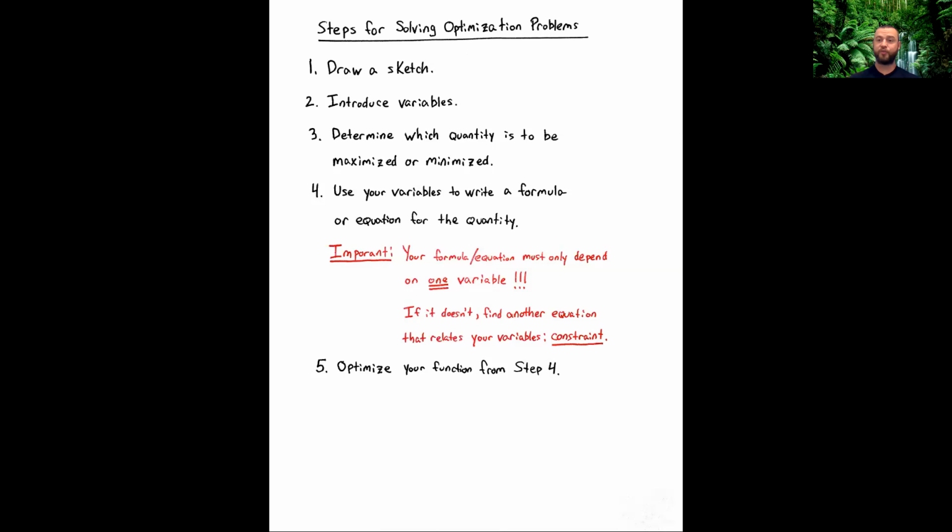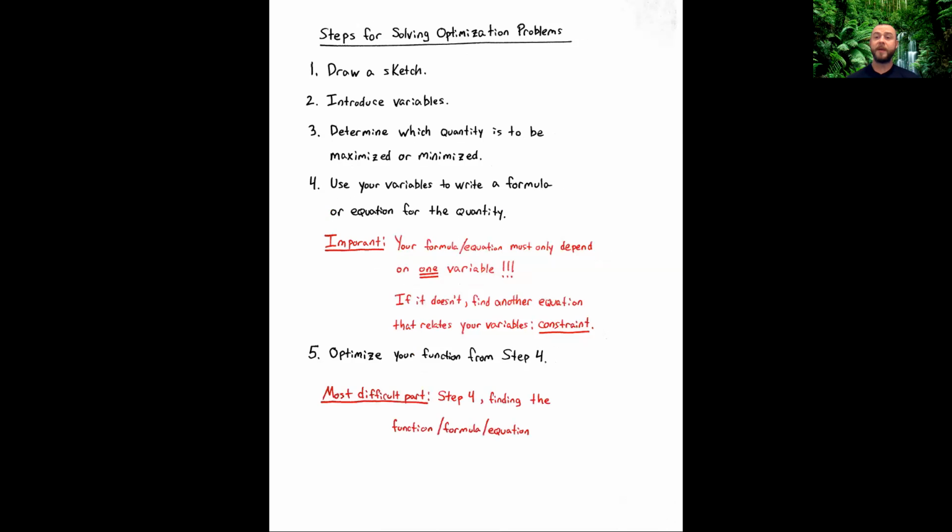Before we get to example 1 and example 2, I just want to make you aware of where most students struggle, and this is certainly to be expected. The most difficult part is step 4, coming up with the equation, formula, or what we are after, a function of just one variable. That's where your sketch comes in.